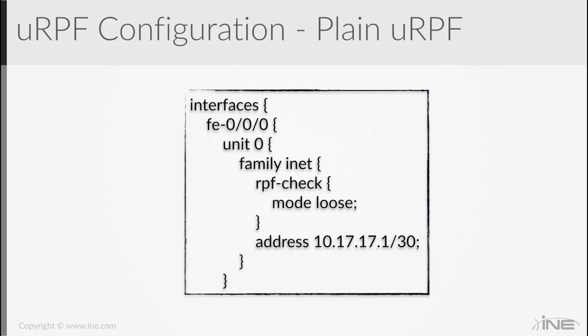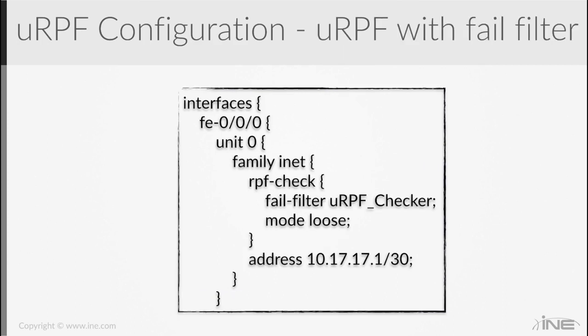If you do not do anything else than rpf-check, it's going to apply strict mode by default. If you want to use loose mode, you need to specify it as it is here in the snippet. So mode loose will override the default, which is to use strict mode. So this will do RPF loose mode on the fe-0/0/0 interface.